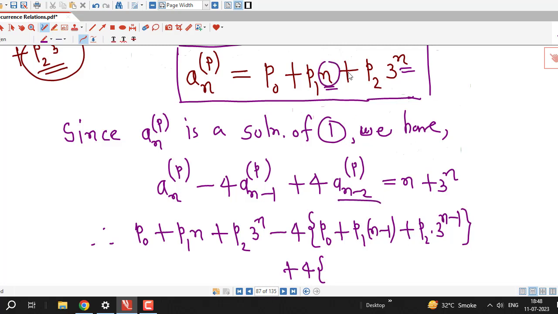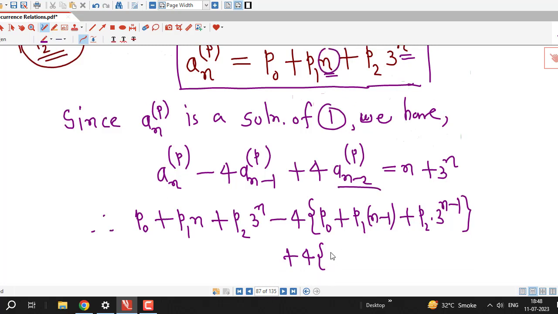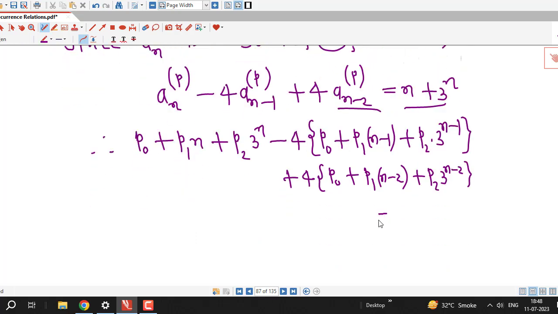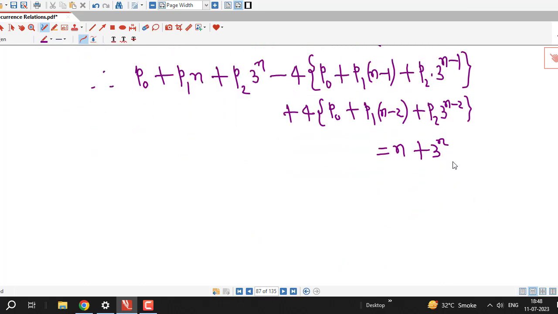So we replace n by n minus 2 and we have p0 plus p1 into n minus 2 plus p2 into 3 raised to n minus 2 equal to n plus 3 raised to n.